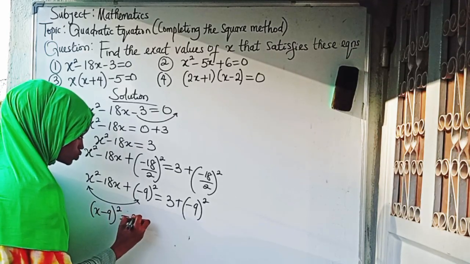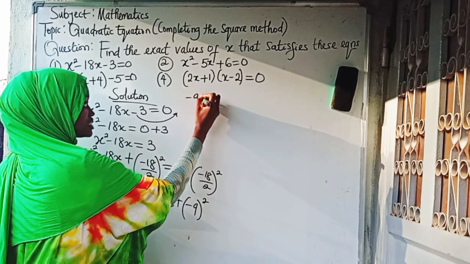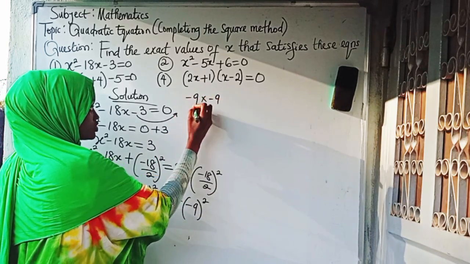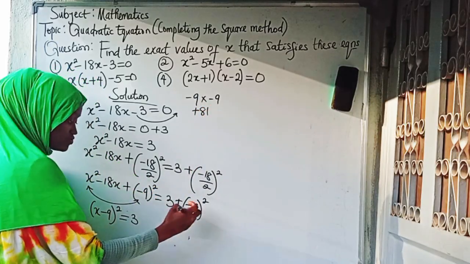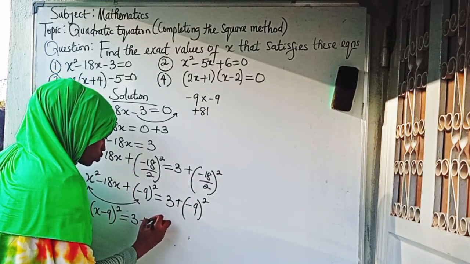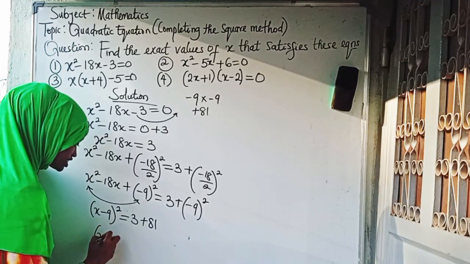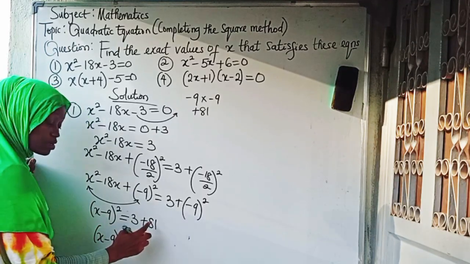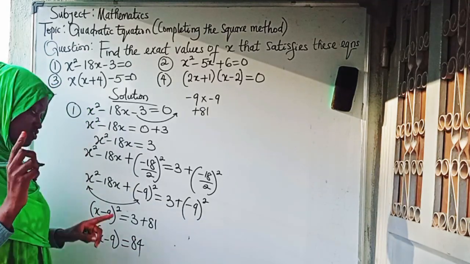This is equal to 3 plus minus 9 squared, which means minus 9 times minus 9. Minus times minus is plus, and 9 times 9 is 81. So minus 9 squared gives us plus 81. What we have is x minus 9 all squared is equal to 3 plus 81, which gives us 84.